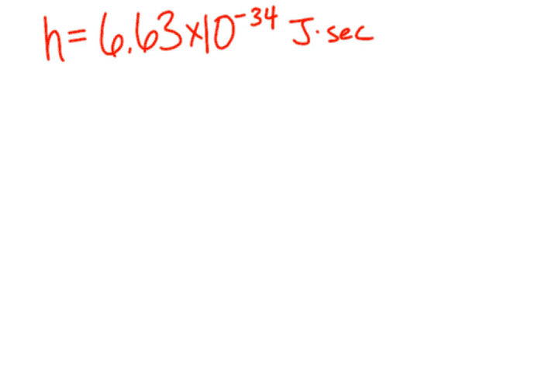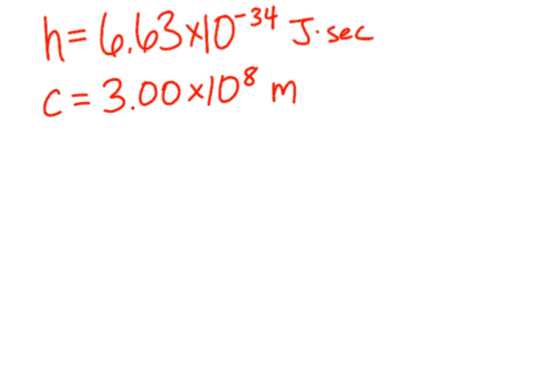And the speed of light, c, is equal to 3.00 times 10 to the 8th meters per second. So if I multiply those two numbers together, here's a little practice in using scientific notation for multiplication, but remember you also need to apply your sig figs. In both cases, they have 3 sig figs.